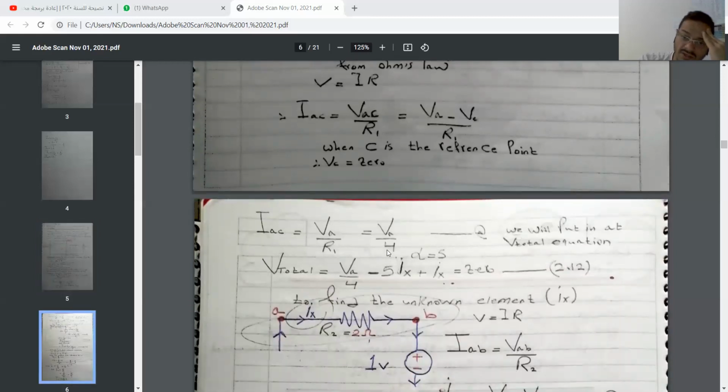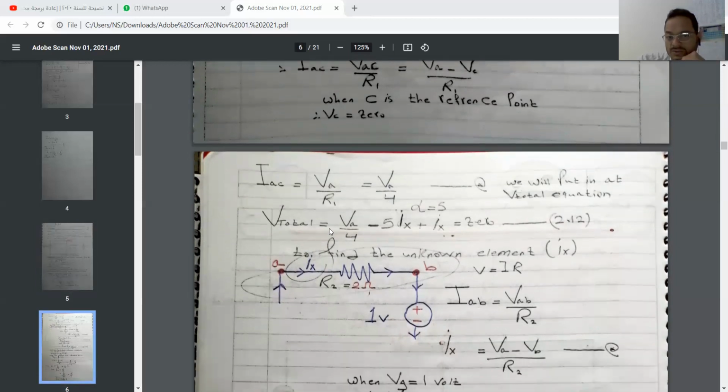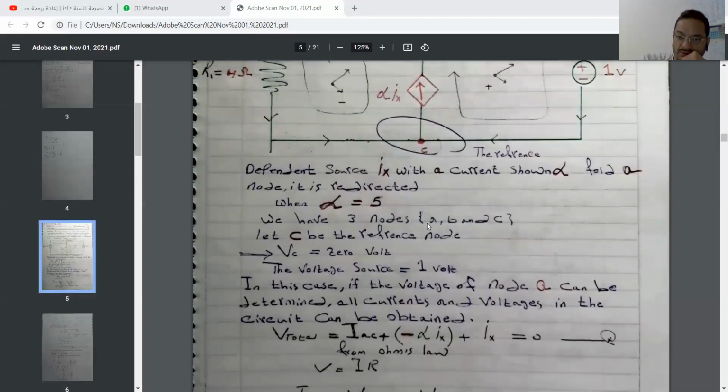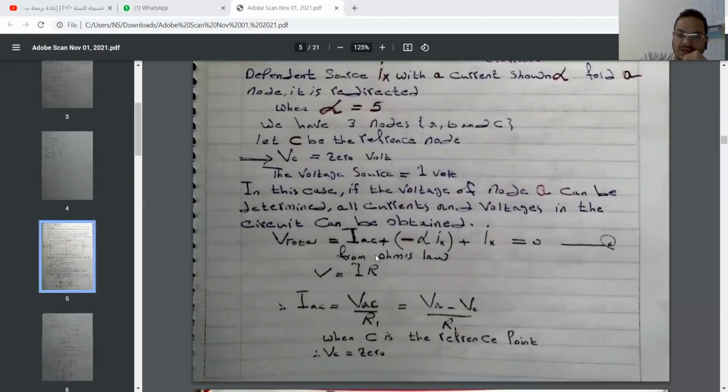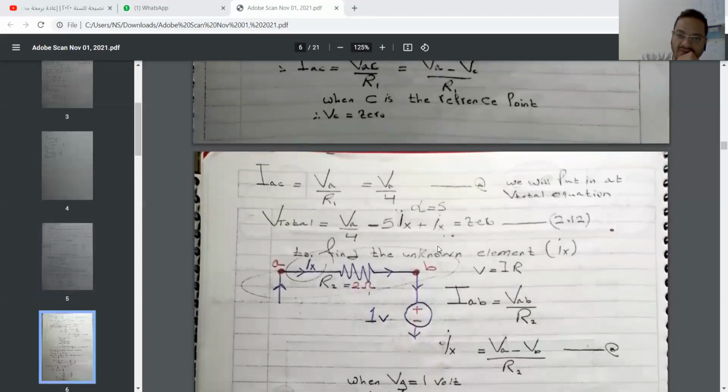R1 equals 4, so VA divided by 4. Let's put this result into the equation: instead of IAC it will be VA divided by 4, plus IX minus alpha IX. Alpha is given to us by the author. Now let's calculate IX after that.